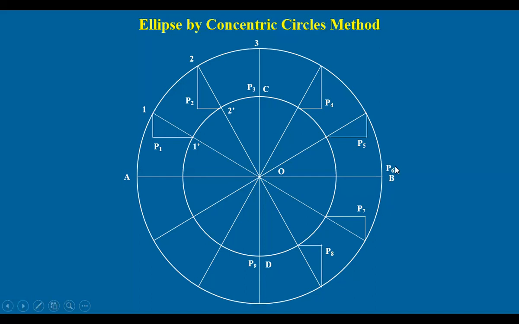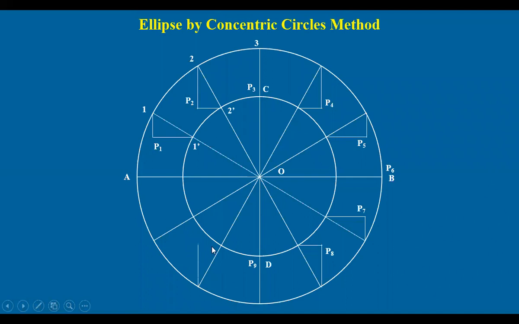Actually, this point P6 is not here. P6 is at the major axis. All right, fine. So P6 coincides with B, and P7, P8, P9 will be coinciding with the minor axis, D point.